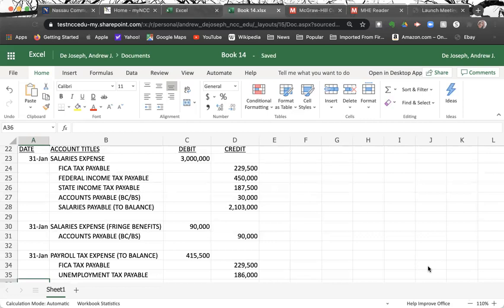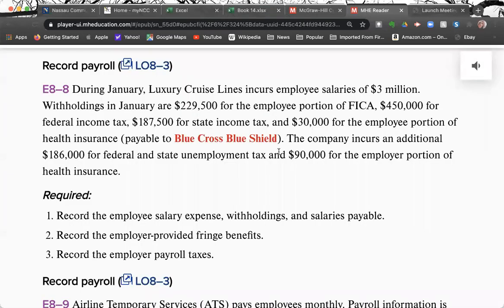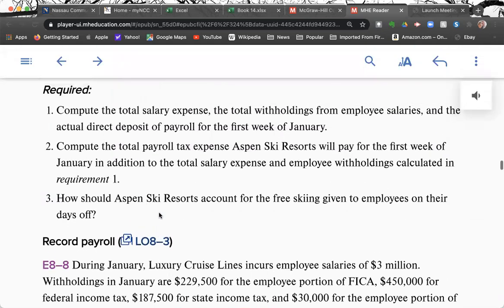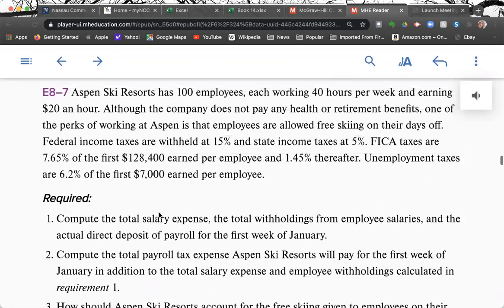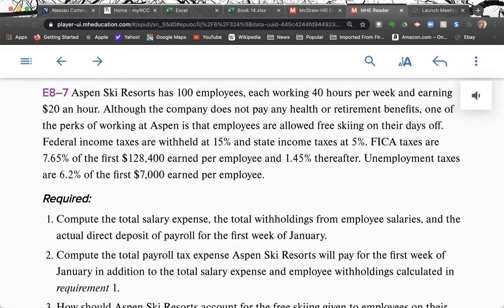Okay. Now, since we have some time, let's do another one. So let's look in the book. We have exercise 7, which is similar to what we just did. Let's see if that's one that's worth doing.